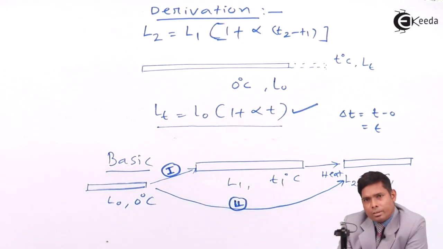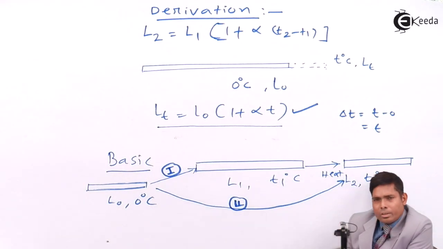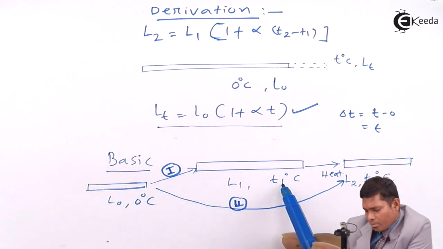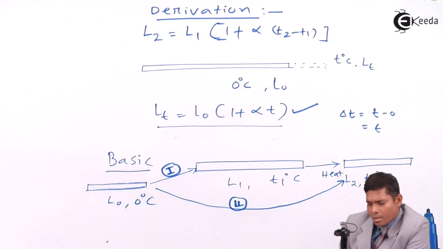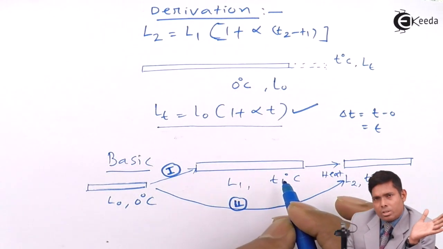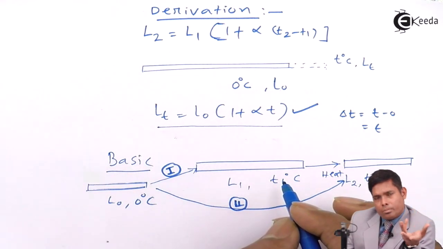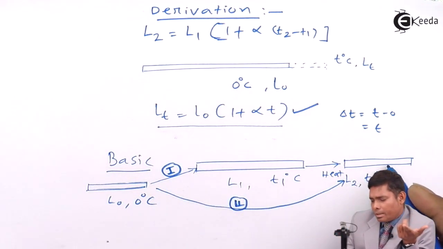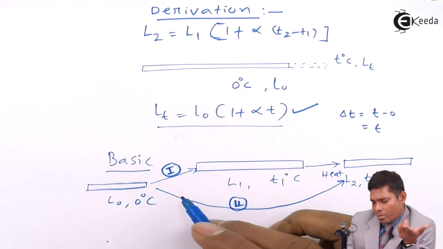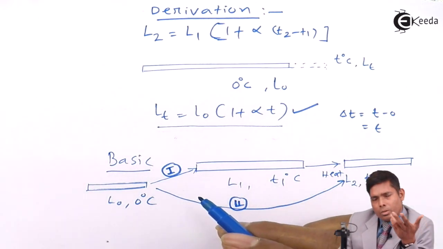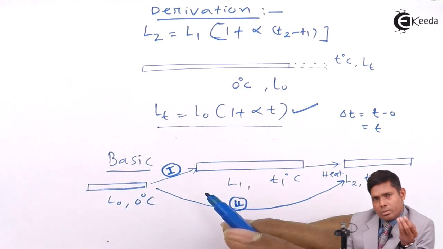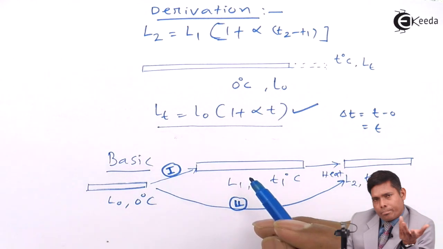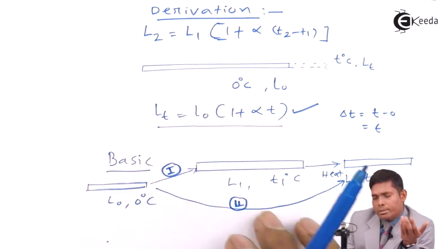Though in actuality the temperature is changing from T1 degree centigrade to T2 degree centigrade, we will assume that the rod has achieved temperature T1 from 0. Similarly, this rod has achieved temperature T2 from 0. So we'll write these two basic equations first, and using those equations we'll derive the relation like this.